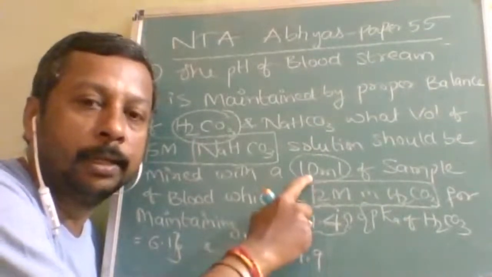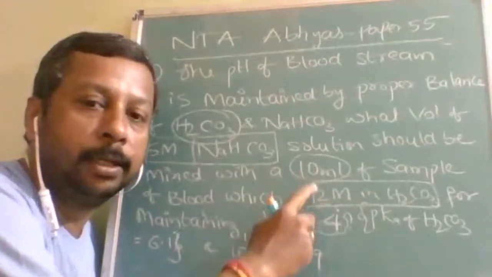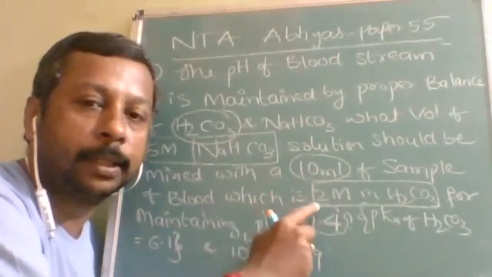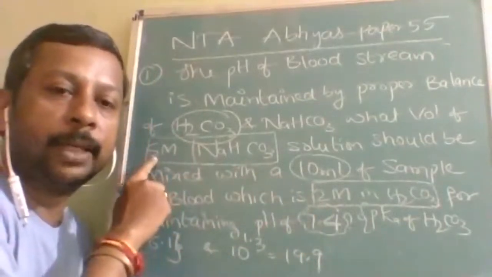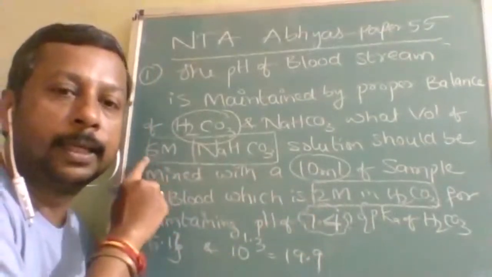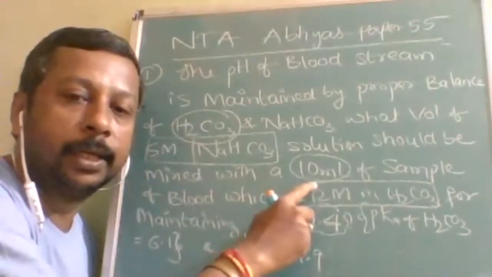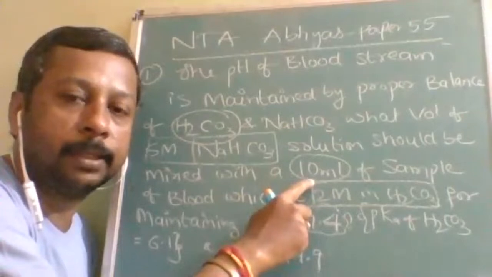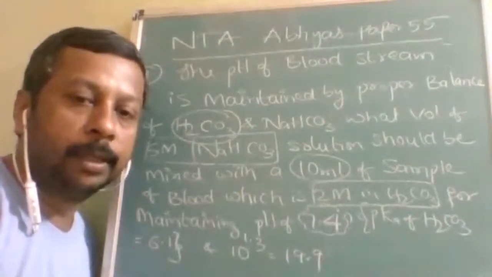Earlier it was 10 ml into 2 molarity. Now the concentration will be 10 into 2 divided by 10 plus x after mixing, and for the salt, x into 5 divided by x plus 10. The 10 plus x will get cancelled, and you will get the resultant pH.